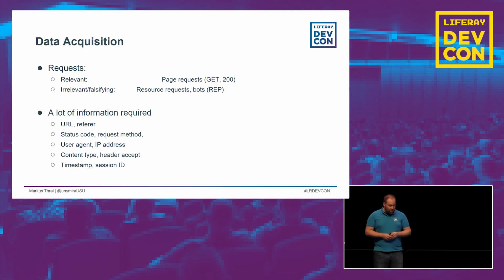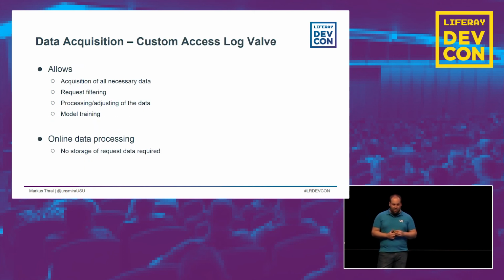All in all, we need a lot of information to train our model, which are listed here. How can we acquire them? We used a custom access log valve. It allows us to get all the necessary data we wanted to have.